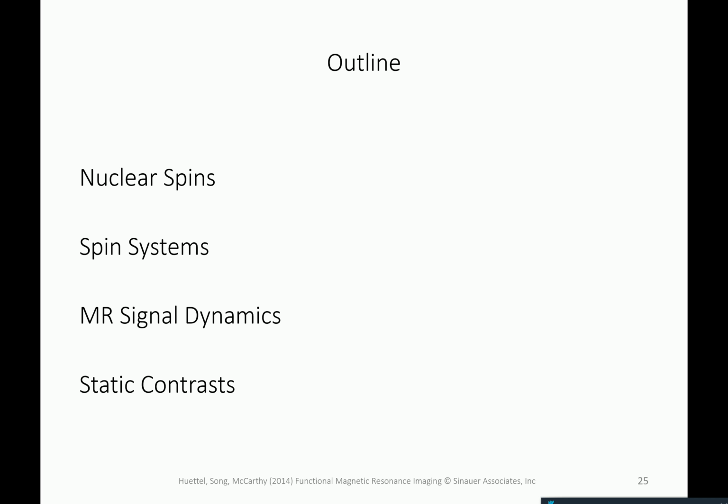And there are two descriptions. You can in a way already see this from the outline. There is what is usually referred to as a quantum theoretic description of the whole thing, which brings up terms like spins. And there is a classical mechanics description, which is more related to the actual signal dynamics.